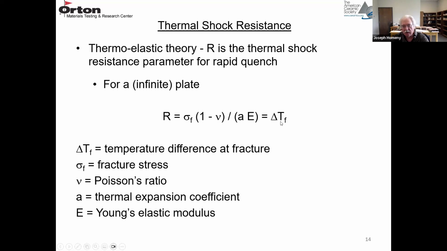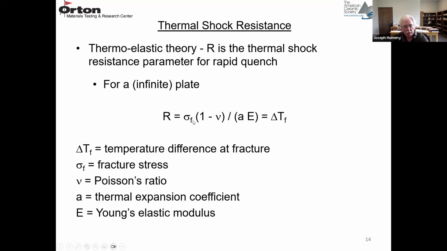So the delta T is the difference in temperature between the sample and, let's say, the quenching medium, an ice bath. And these parameters you can use to calculate delta T. So the higher the R value, the higher the delta T, the more resistance you have to a catastrophic failure.